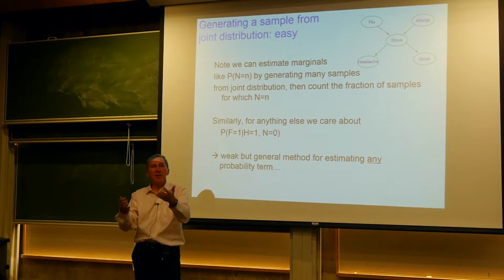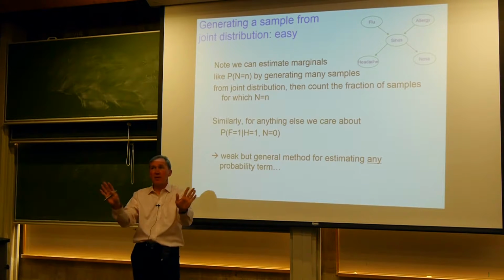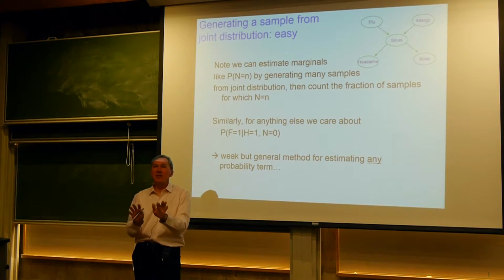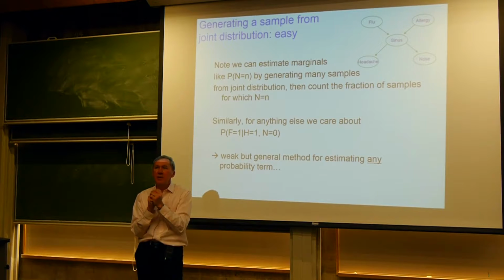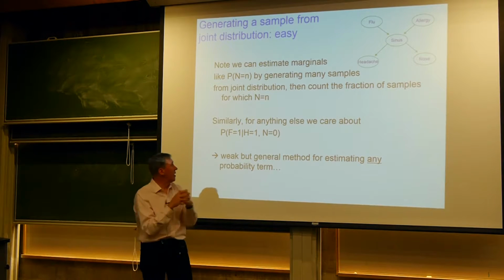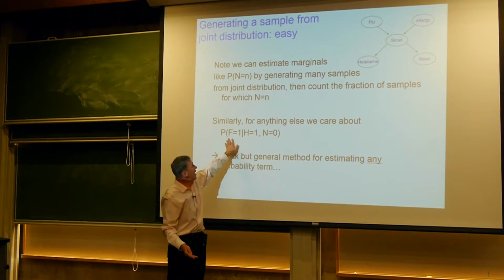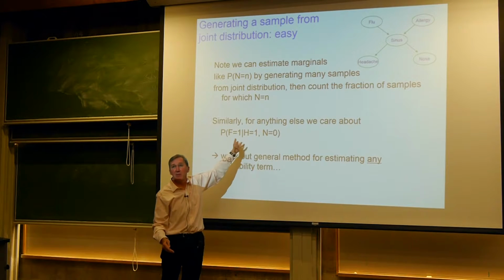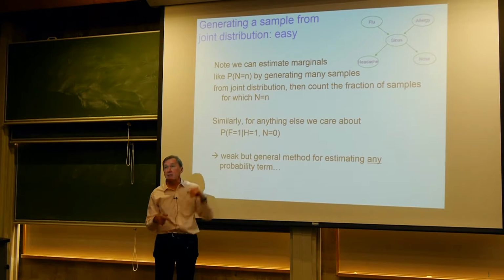So think of inference as not having to do with learning, but just having to do with once you've got a Bayes net somehow, then how are you going to use it to classify new examples, or more generally, answer any kind of question about the probability of a subset of those given others.